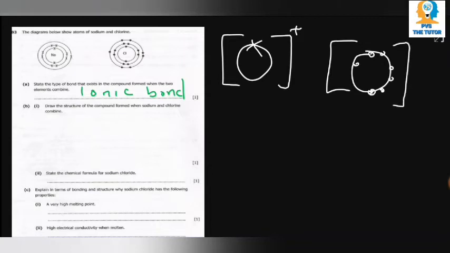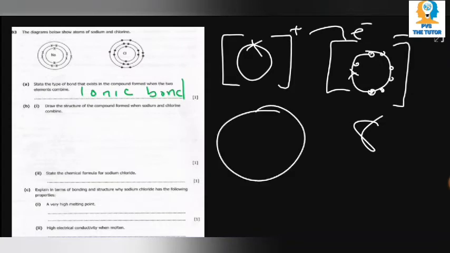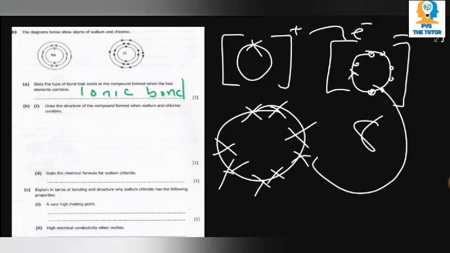Chlorine has got 7 electrons out there, so this one electron will be donated there, and it becomes 8 electrons. And the outer shell of sodium is going to have 8 as well. So sodium is going to remain this, and the chlorine is going to remain that.